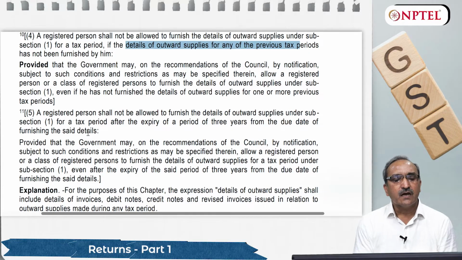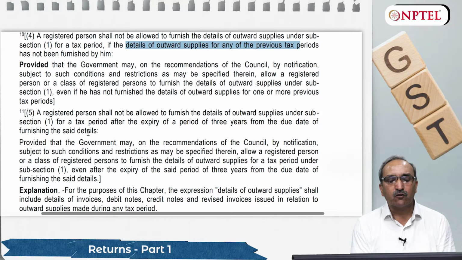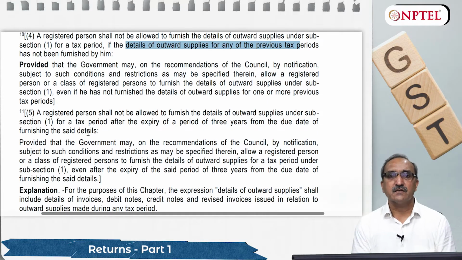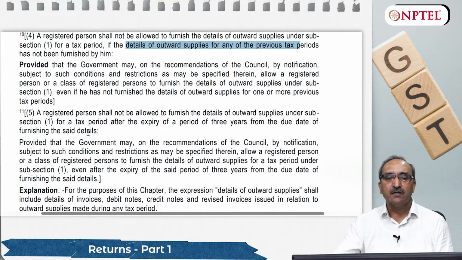It says a registered person, who is supposed to file GSTR-1, shall not be allowed to furnish details of outward supplies under subsection 1 of section 37 after the expiry of 3 years. So if we are filing the return of July 2024, the due date of filing this return is 11th of August 2024.